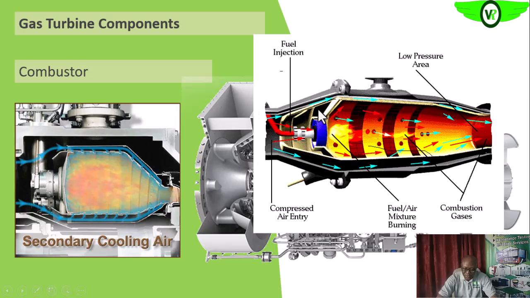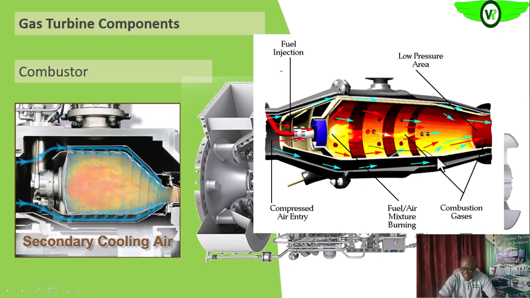So this is the combustor now. You can see the fuel injection. These are the parts of the air that come in for combustion. Okay, so these are the primary air, the ones used for combustion. You see that the secondary air, that comes in for cooling, you see it coming into the combustor or combustion chamber from openings or perforations downstream of the combustor.